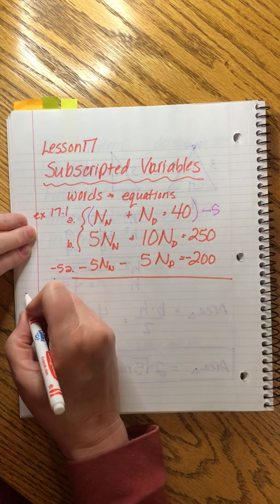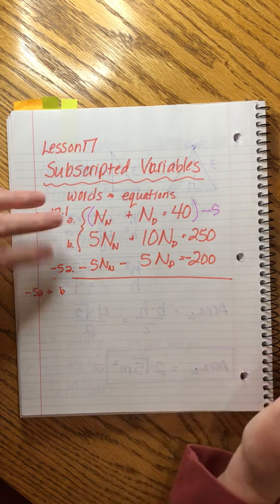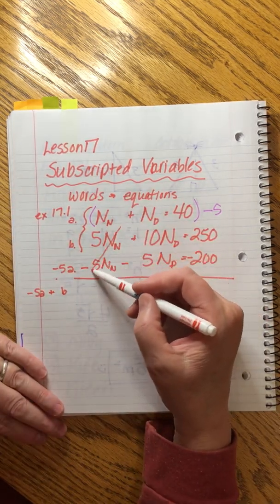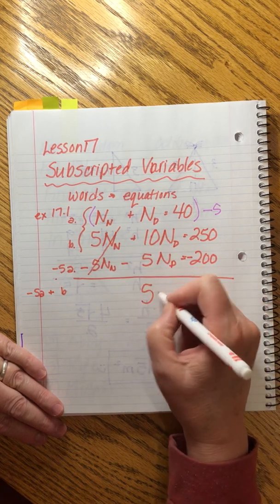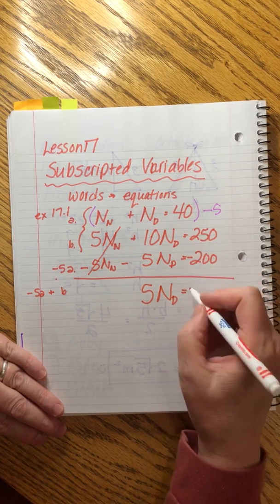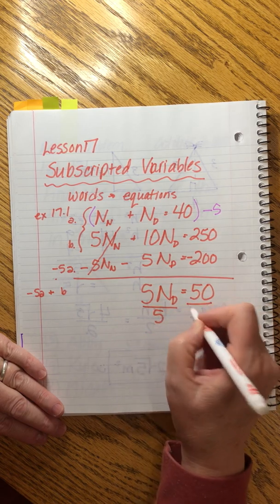Now I'm going to combine -5A plus B. So I'm smushing these two lines together. This part cancels. Oh, I love when that happens. 10 minus 5 means I have 5D, and then that subtracts and I get 50. Oh, John, I love when it comes out even.